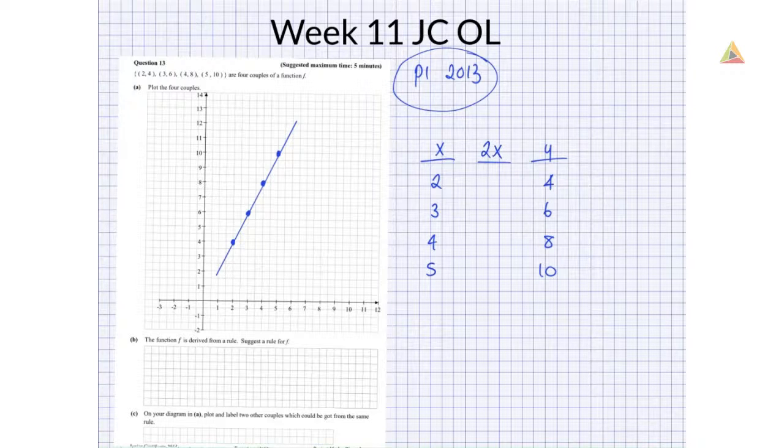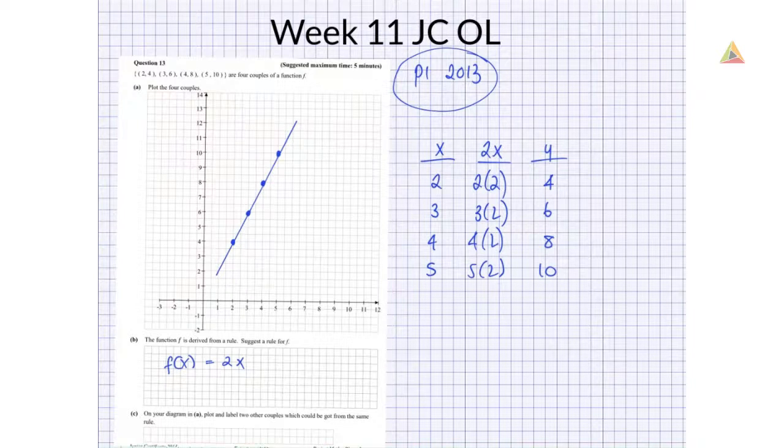And I'll just show you. So 2 by 2 gives you 4. 3 by 2 gives you 6. 4 by 2 gives you 8. And 5 by 2 gives you 10. So the rule there is f of x is equal to 2x. And then on your diagram, plot and label two other couples which could be got from the same rule.